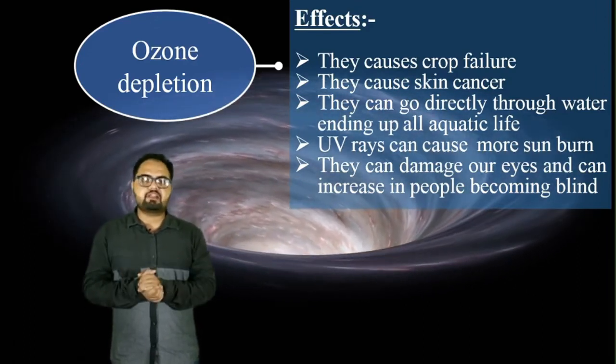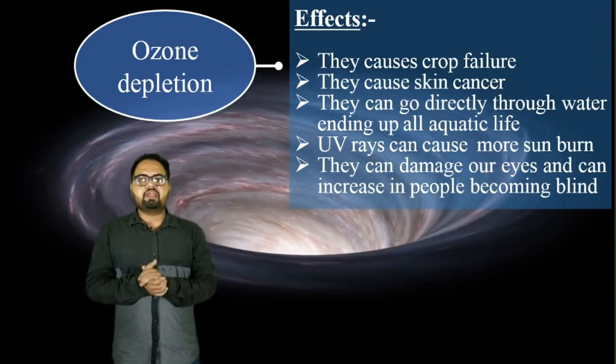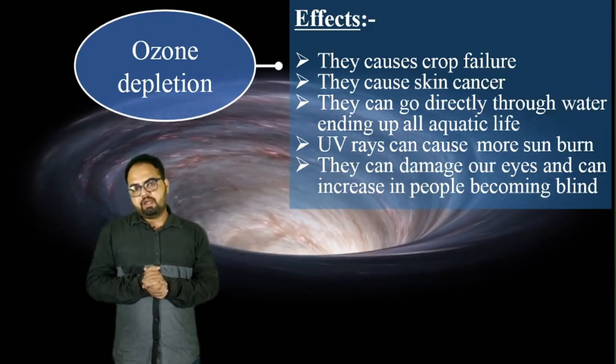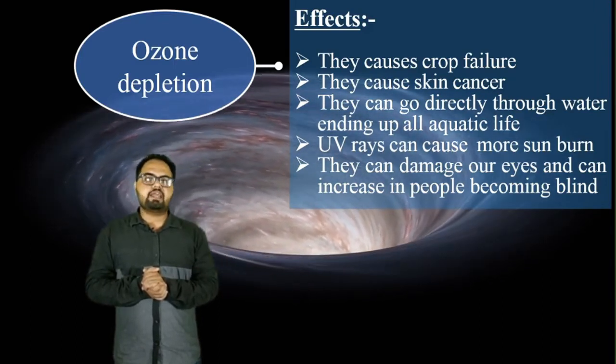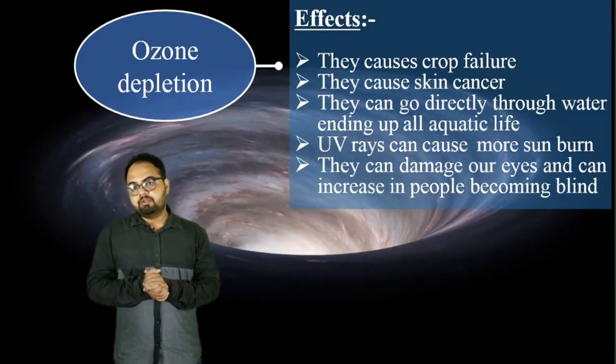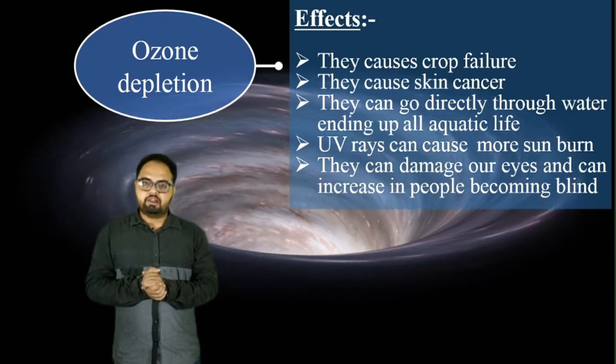Aquatic life means the life which is under the sea, rivers. Okay. UV rays, ultraviolet rays, can cause more sunburn and they can damage our eyes and can increase the number of people becoming blind. So these are all the effects of ozone depletion.